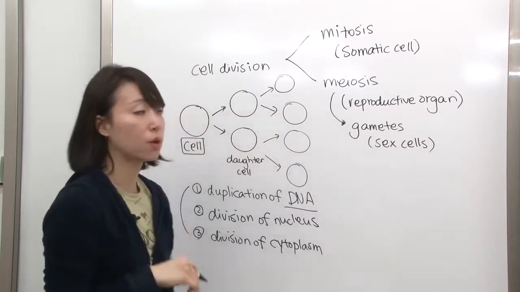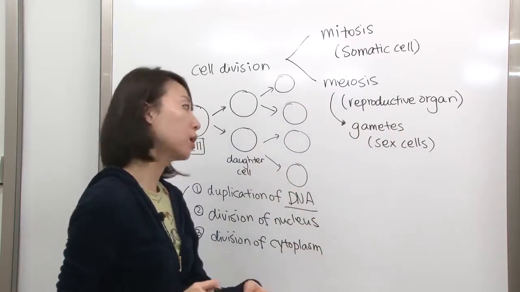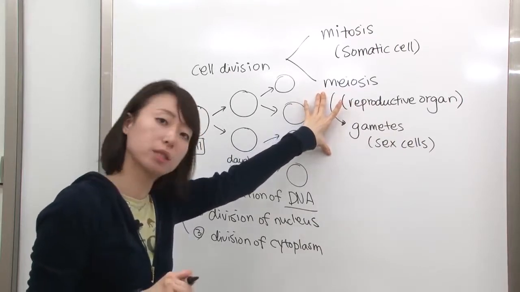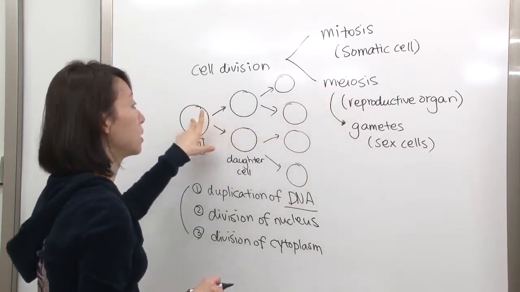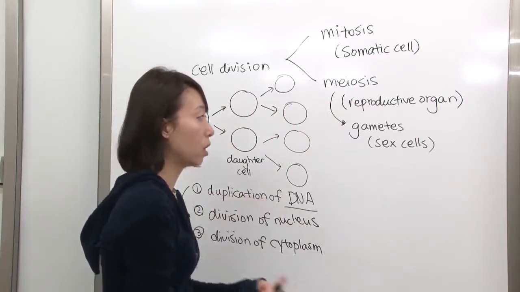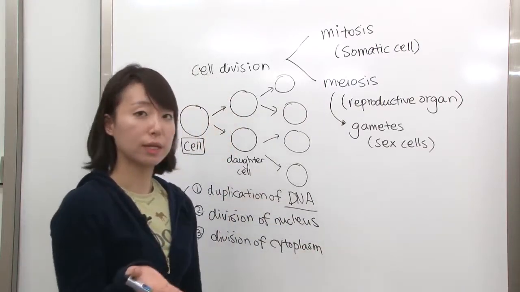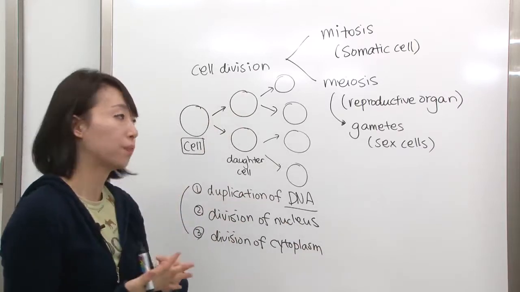So meiosis produces gametes like sperm. Those are produced as a result of meiosis. The resulting cell is not the same as the preceding cell because it's not replacing the old cell, but it produces a gamete, sperm or oocyte, so that it can go through fertilization later.